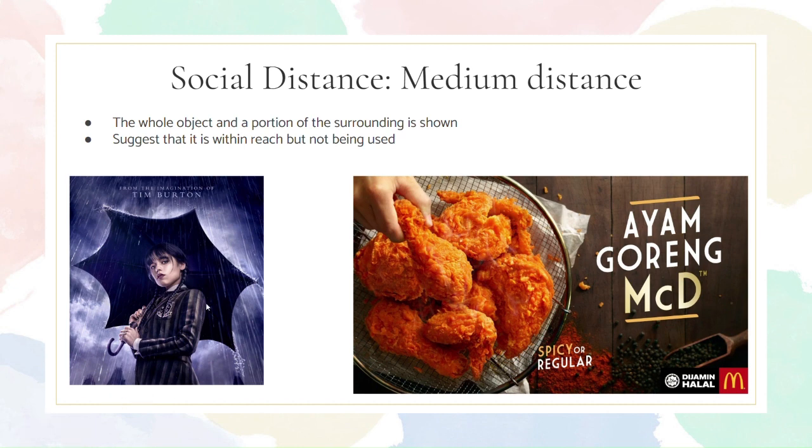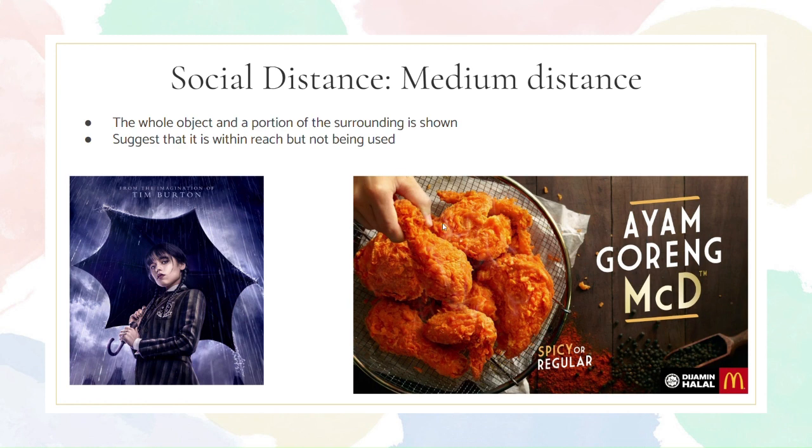It's a medium distance because we cannot see it in much detail, but it is enough to show us that she is closer to us, because of the distance that she is towards the screen, or the viewer in this case. Then we move to the product placement for the fried chicken, on the other hand.